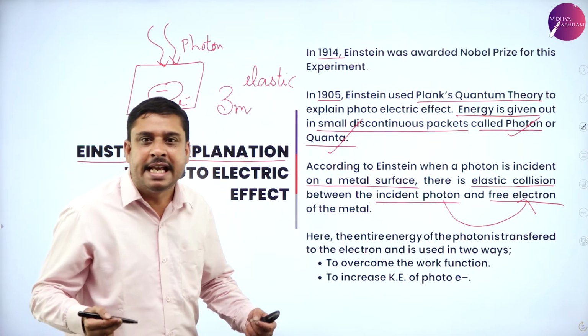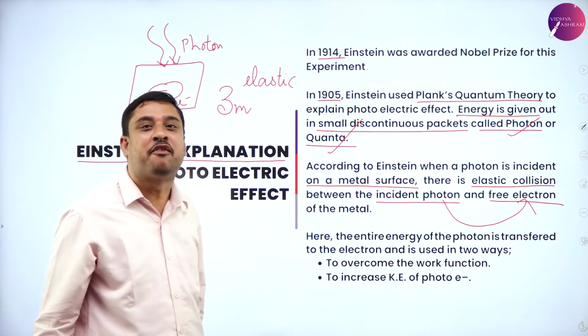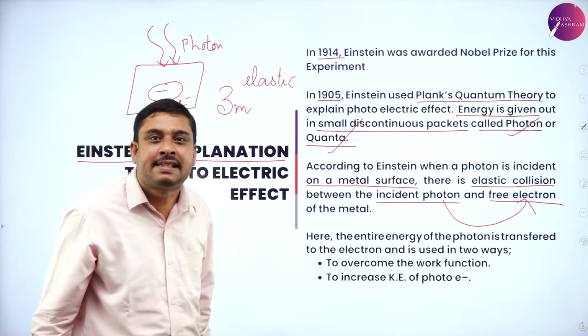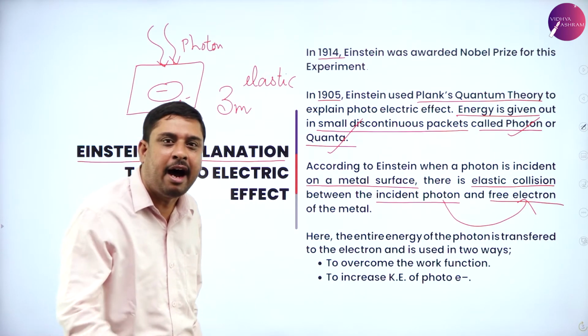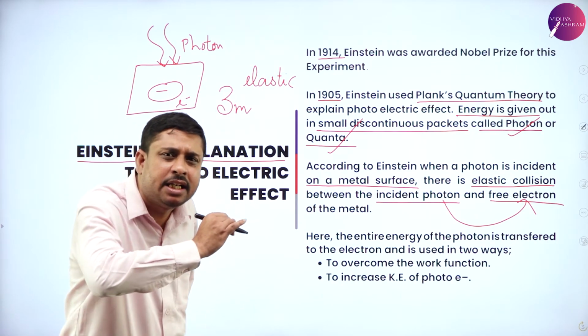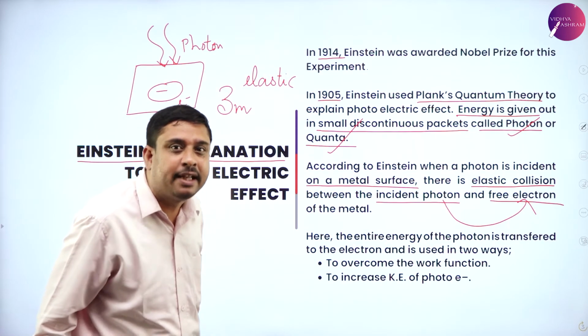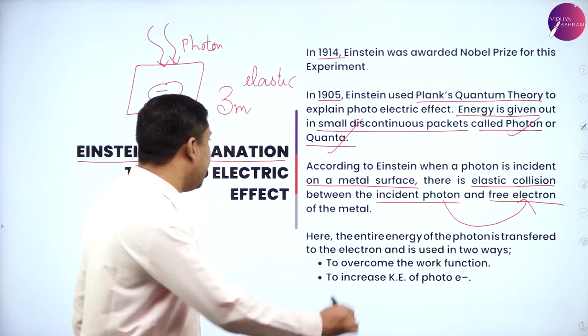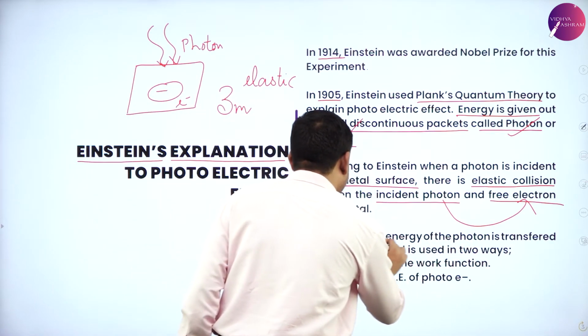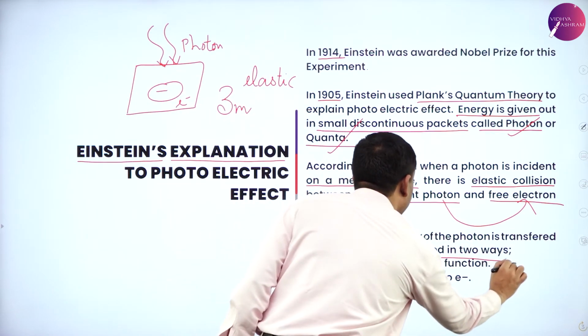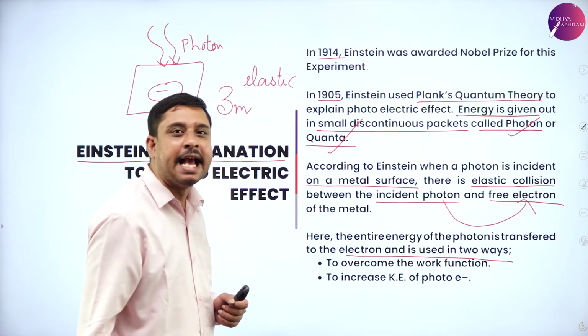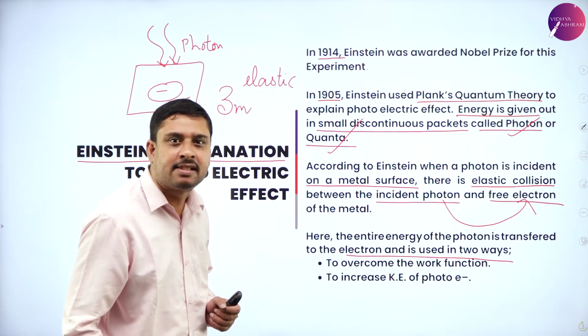The electron is gulping the energy of the photon. Elastic collision, complete energy of the photon is eaten away by the electron. And now the electron uses this energy in two ways.